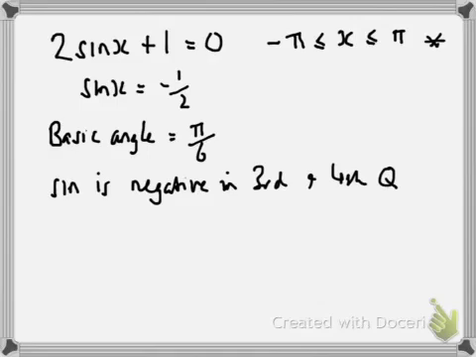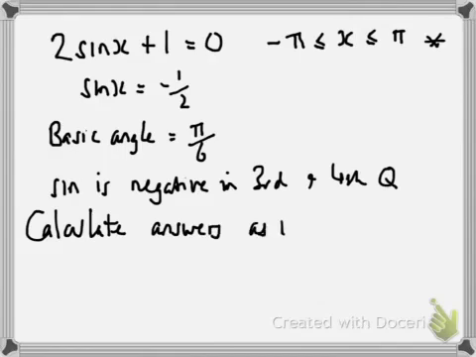Now really important, I am going to work this out as if it was 0 to 2 pi. I'm going to calculate answers as if the domain is 0 to 2 pi. Now why do I do that?